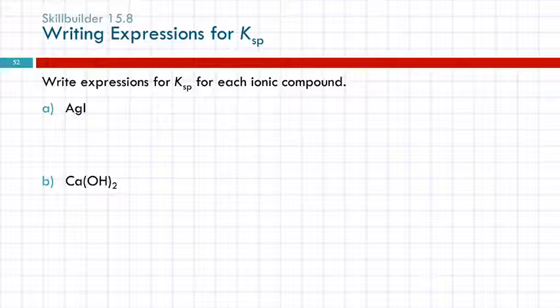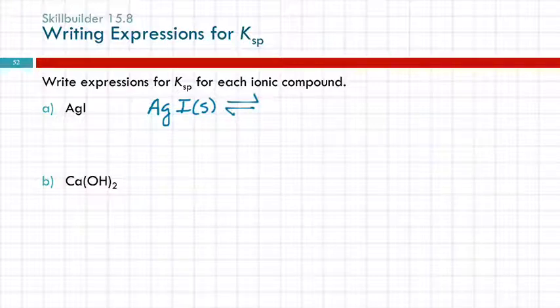Write expressions for KSP for each ionic compound. So here we have AgI. So we want to start with the solid ionic compound. AgI is a solid, and that is in equilibrium with, what are the two ions? Ag and I. Okay, so those are going to be aqueous.